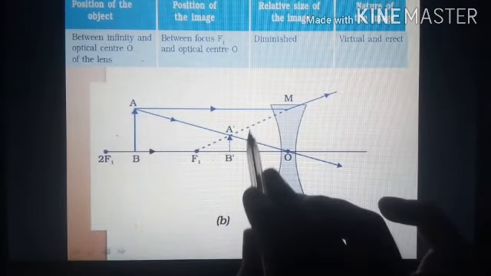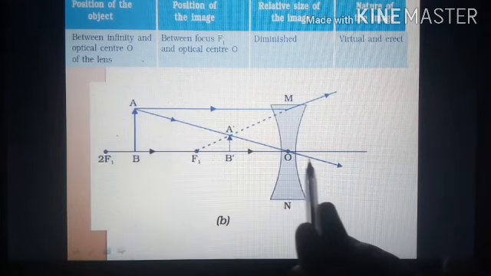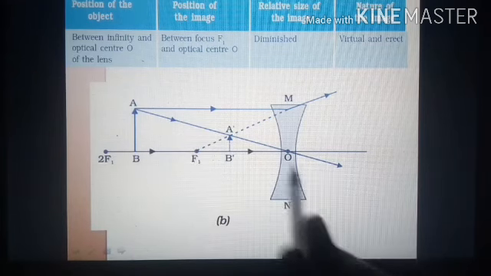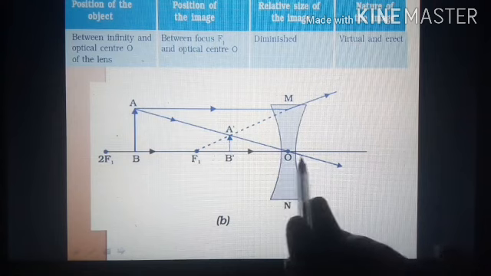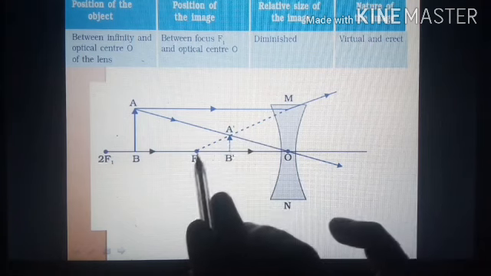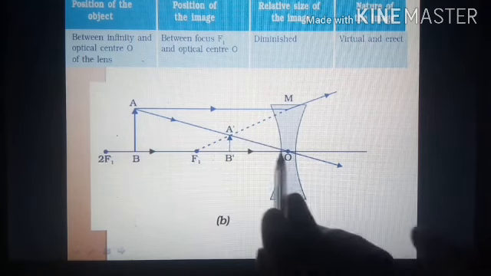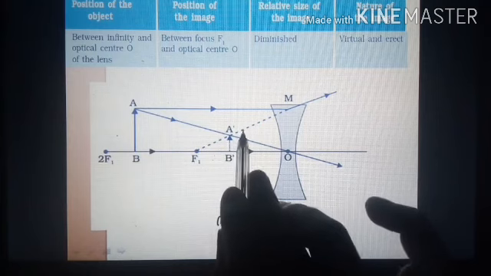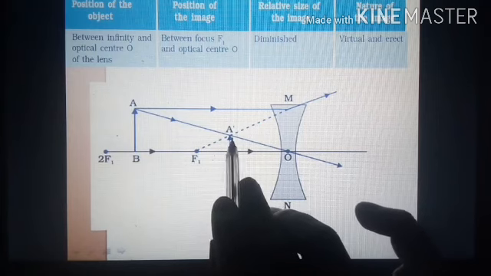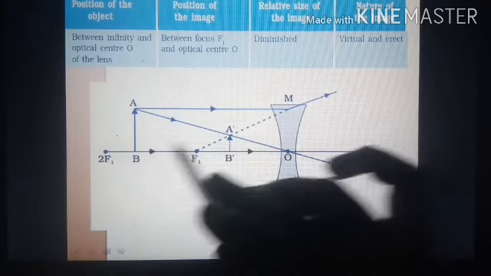So this is the incident ray, and after refraction it will go in this direction. For a virtual image, we just extend the same direction. Here the diverged ray is extended to the point f1. Likewise, if you extend this line, both extended lines will meet at point A dash. So A dash B dash is the image of the object.